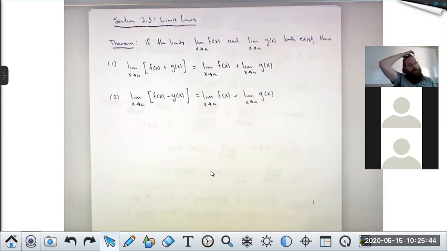Right, so if, for example, you had a polynomial and you wanted to take a limit as x approached some number, you could just take the limit of each of the individual pieces, because those are all made of sums and differences of simpler pieces.